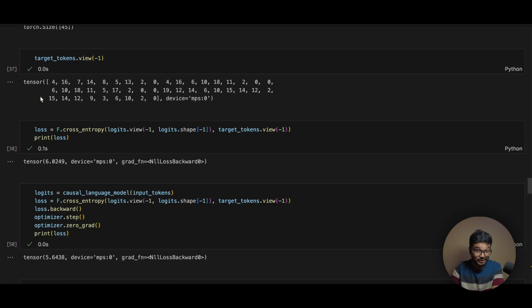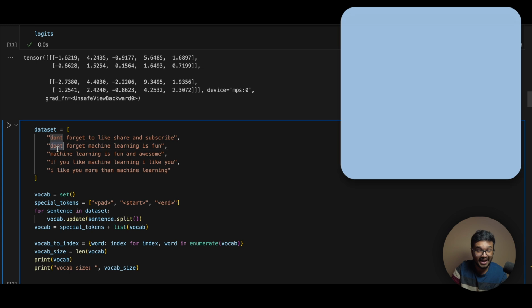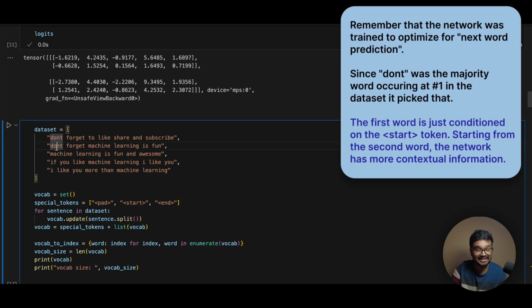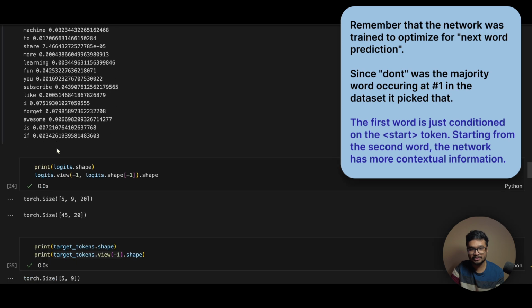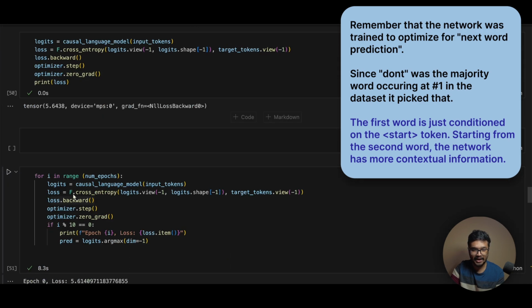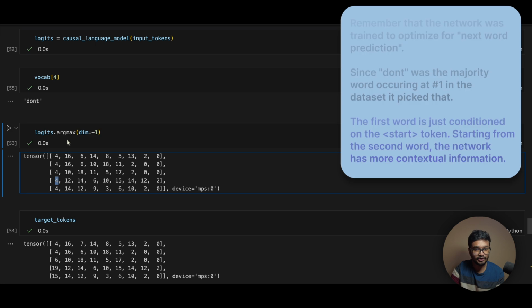And the reason it predicts don't is because in our dataset we had 2 instances where the sentence started with don't. So that was the predominant word getting generated as the first token after you input start. There is no randomness here because we are using argmax. So that's why it has learned to predict 4 whenever you input start.